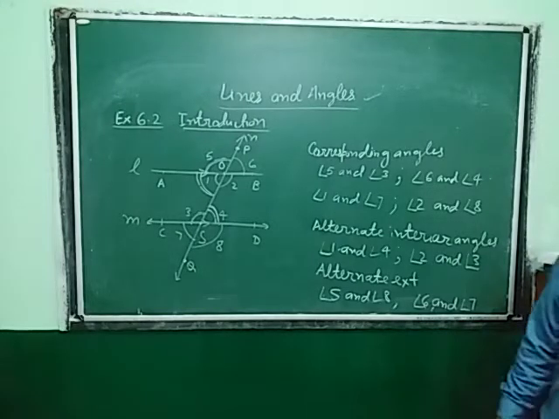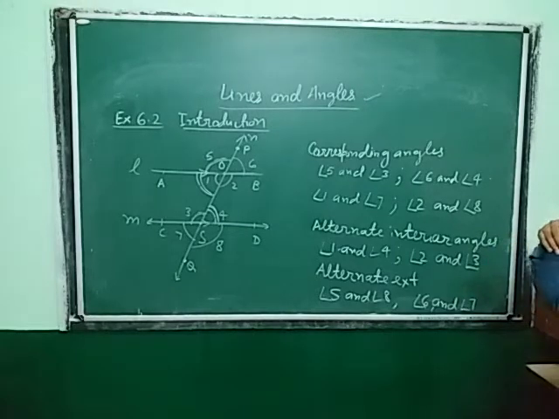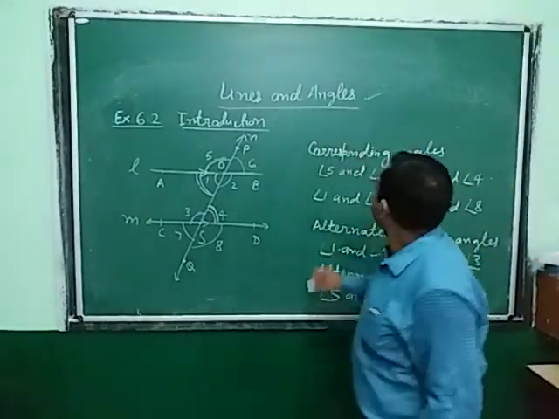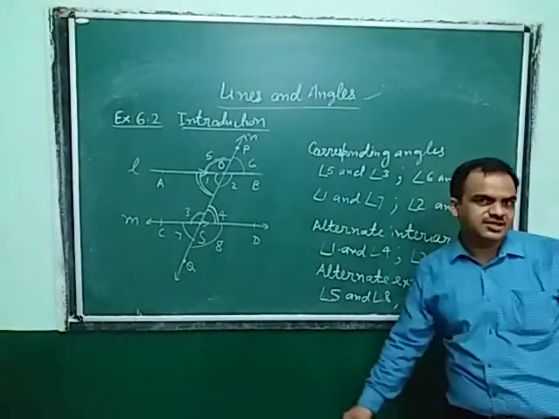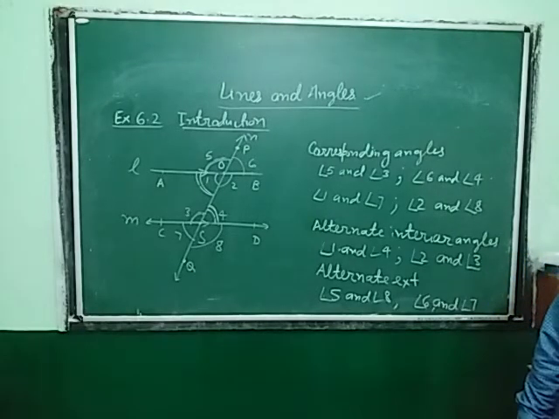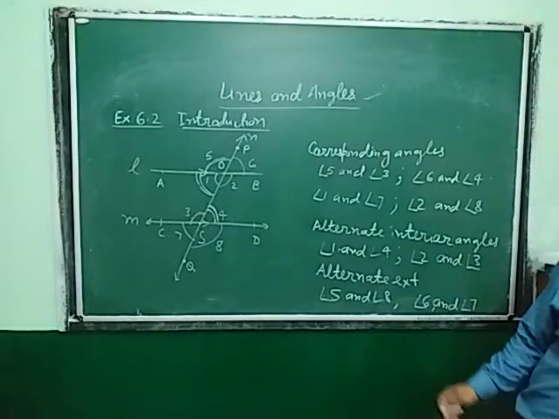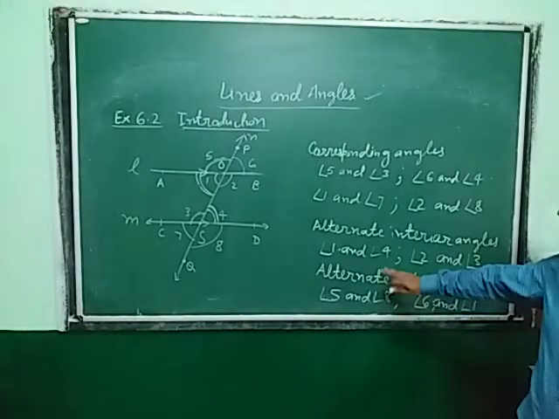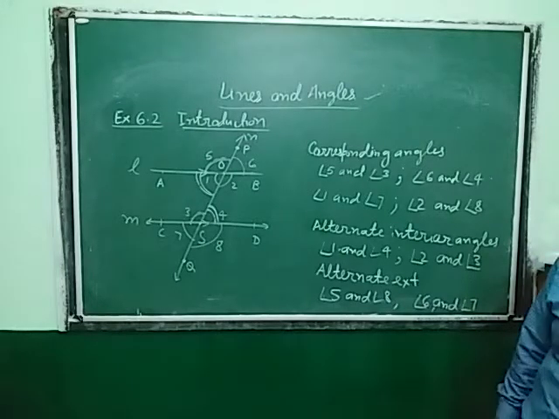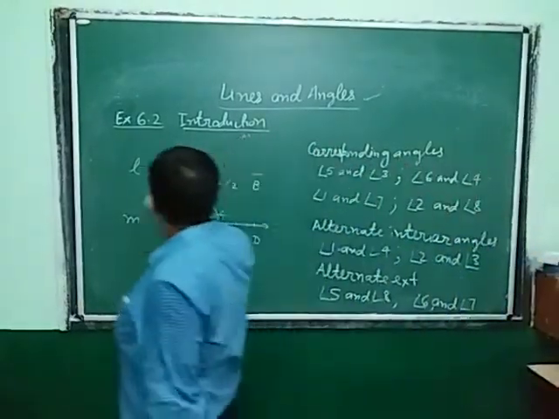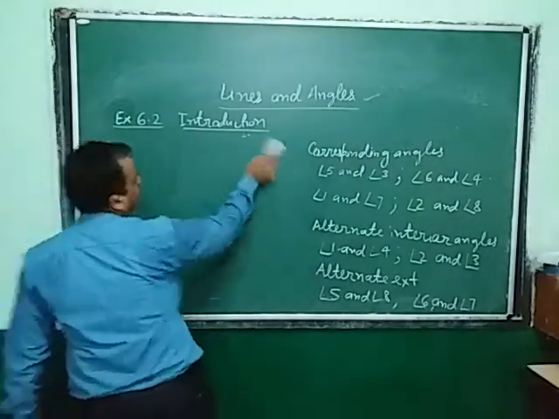One more thing, these interior angles on the same side are sometimes said to be allied or co-interior angles. Now we will see some axioms related to the topic.